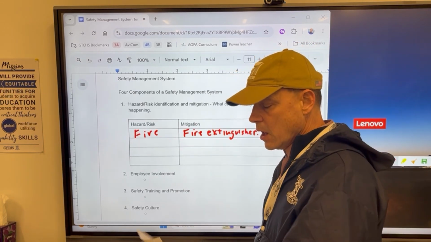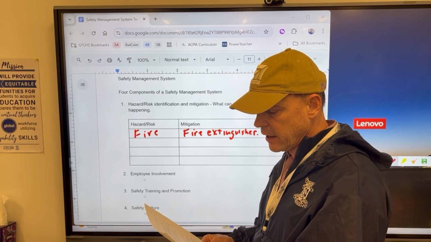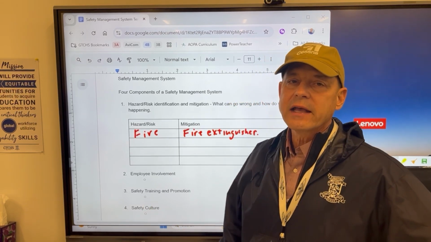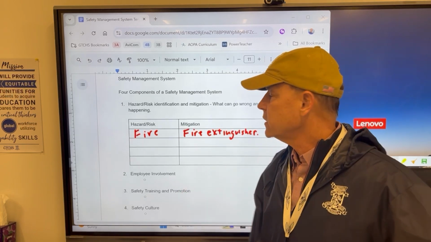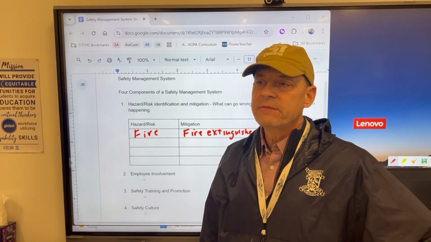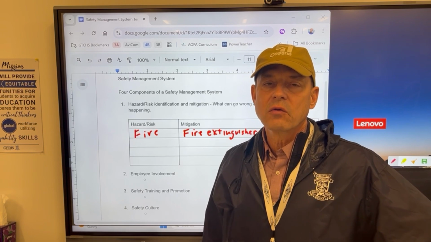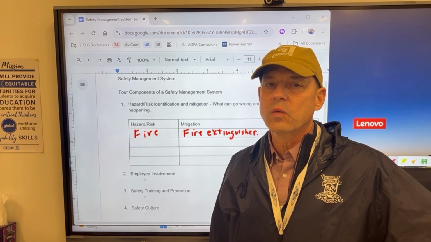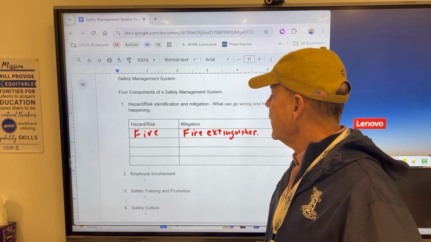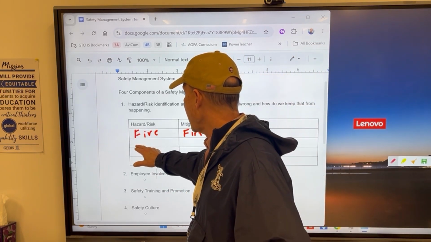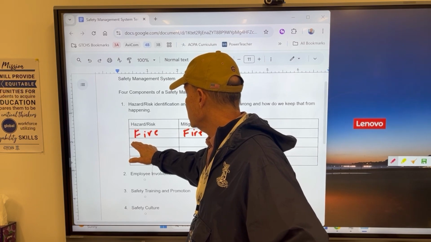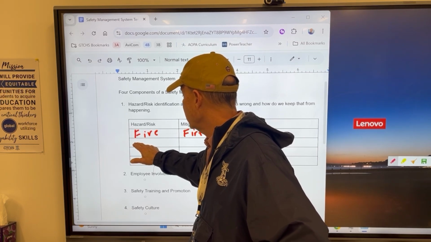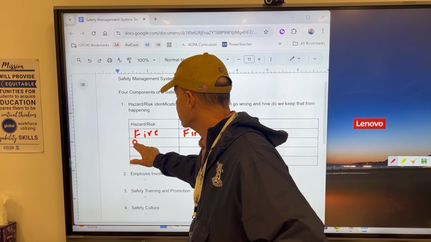One of the other hazards that we have is that the rocket is not going to go where we want it to go. We want it to go up, but there is a chance that if it flies incorrectly, it's going to go where we don't want it to go. And so let's just say the hazard is that someone will get hurt because it is flying, let's say, off course.